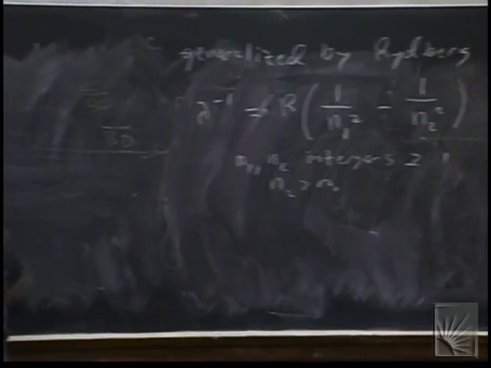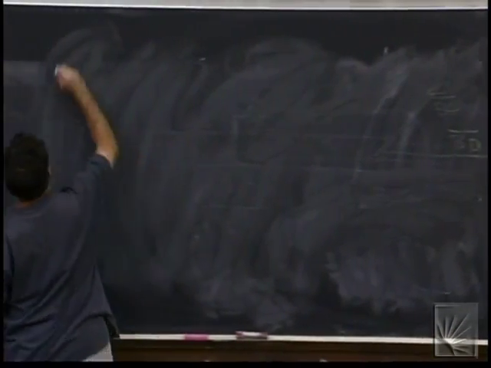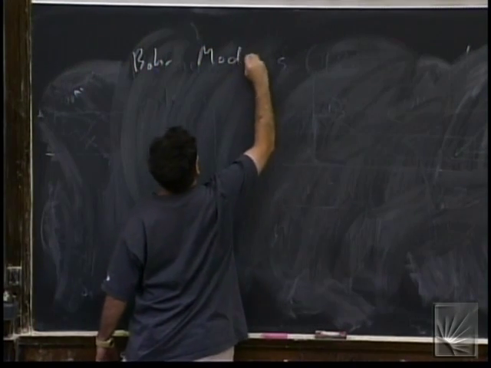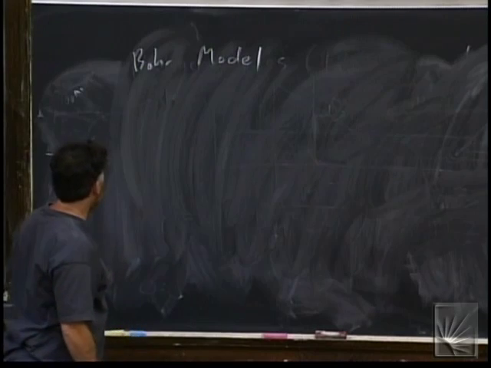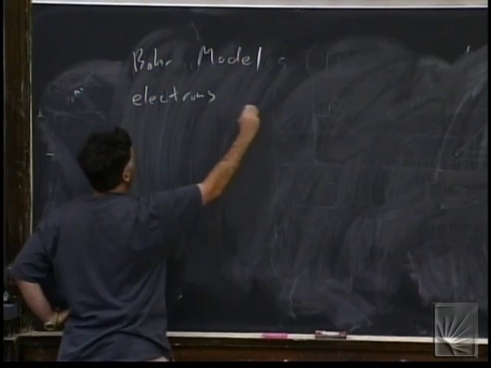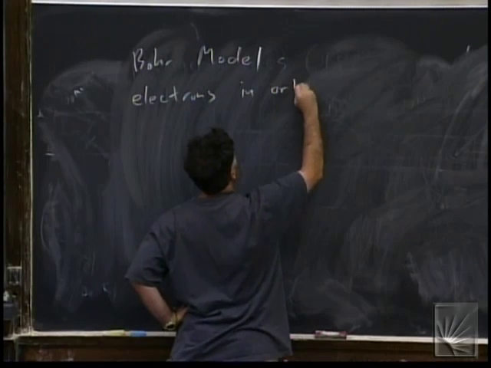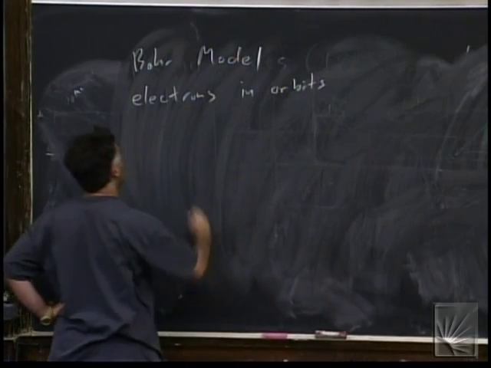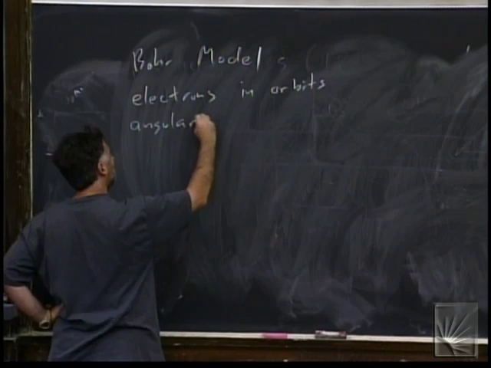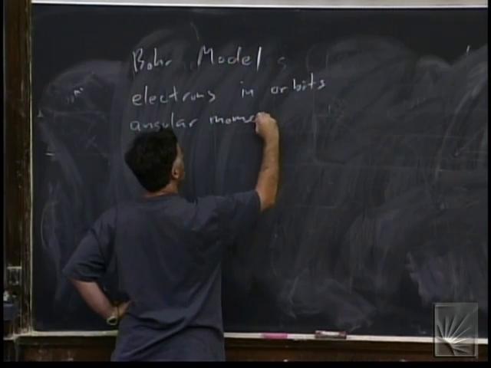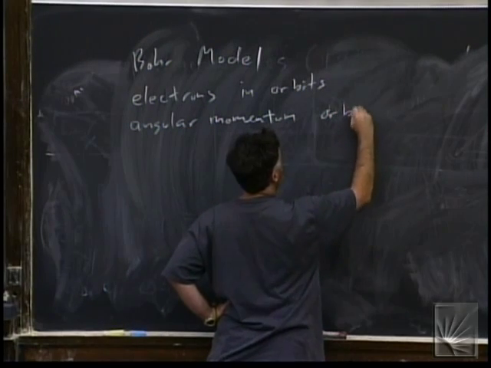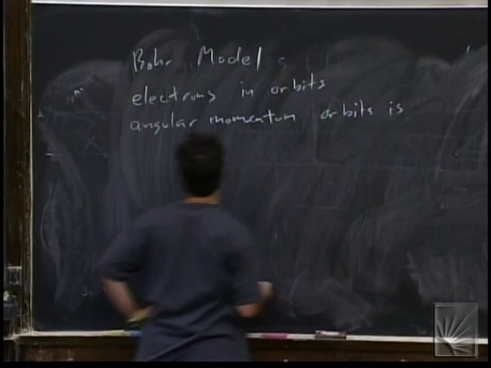Okay, so the Bohr model of the atom, the basic ideas are that electrons are in orbits, and the angular momentum of the orbits is quantized.